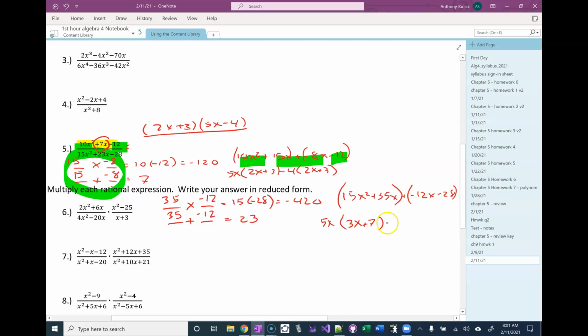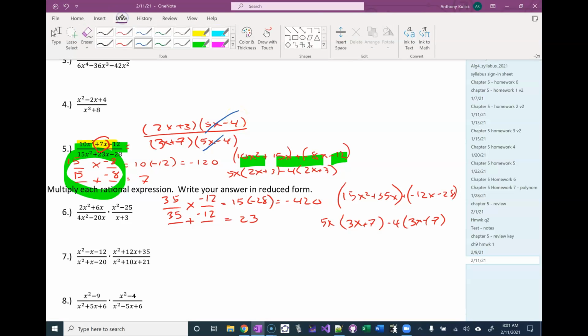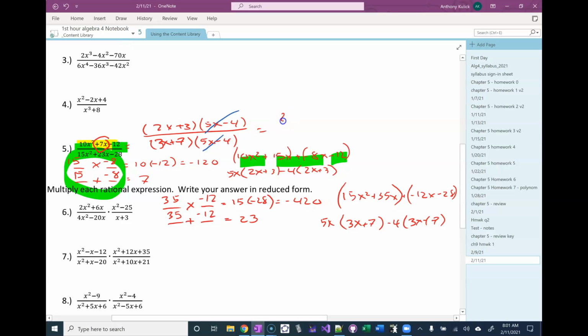And here I can take out a negative 4. So that gives me 3x plus 7, and then 5x minus 4. And the 5x minus 4 is reduced. So we're left with just 2x plus 3 over 3x plus 7.